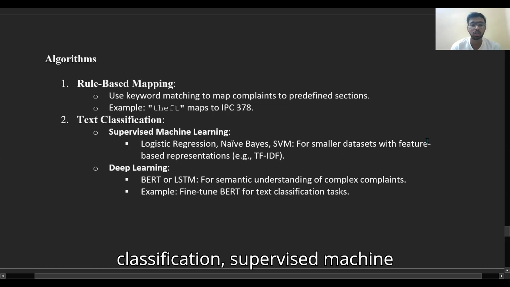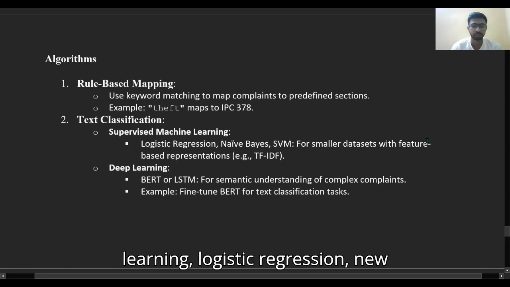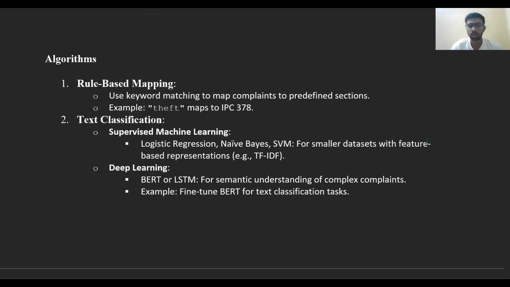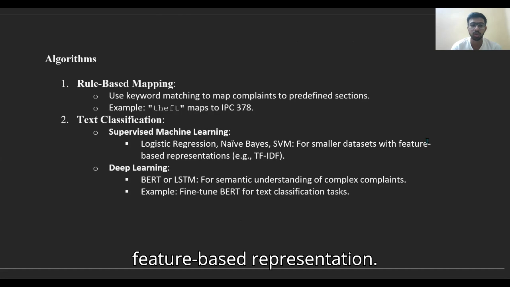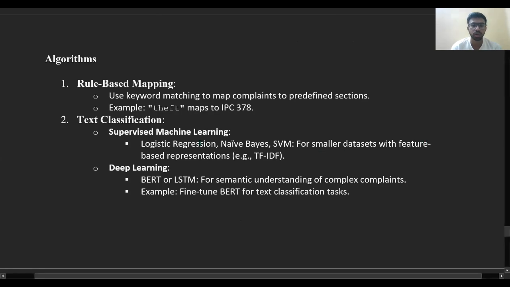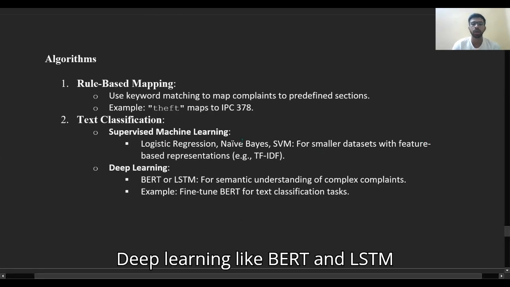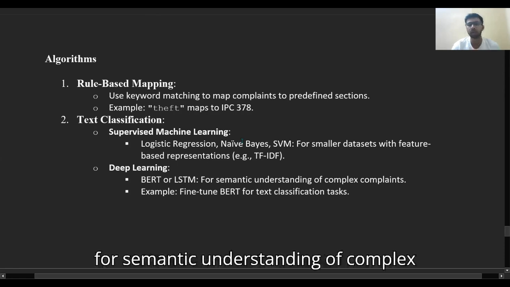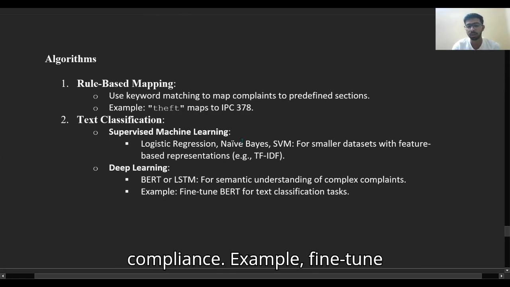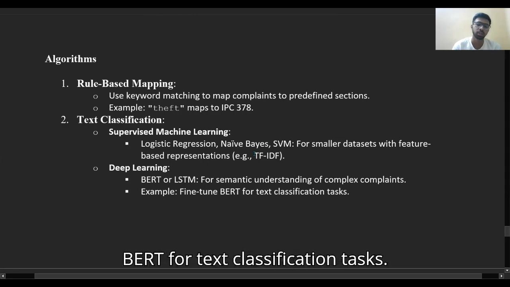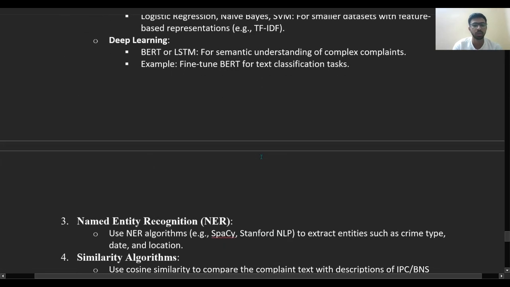Text classification, supervised machine learning: logistic regression, Naive Bayes, SVM for smaller datasets with feature-based representation. Deep learning like BERT and LSTM for semantic understanding of complex complaints. Example: fine-tune BERT for text classification tasks.